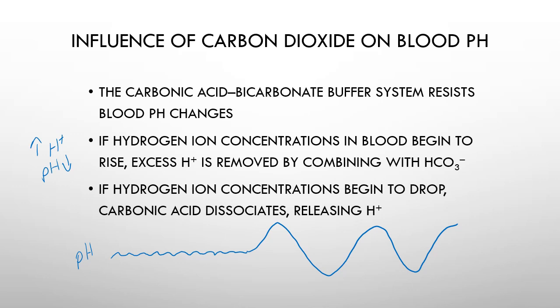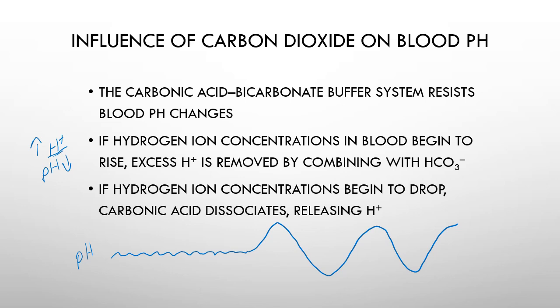We combine that together to buffer the blood, and that allows us to maintain pH at a relatively constant level. Excess hydrogen ions are combined with our carbonic acid, we get our bicarbonate, and that allows us to buffer the system itself.